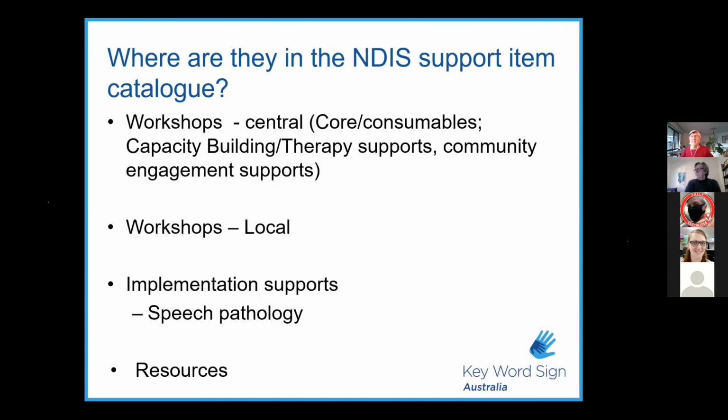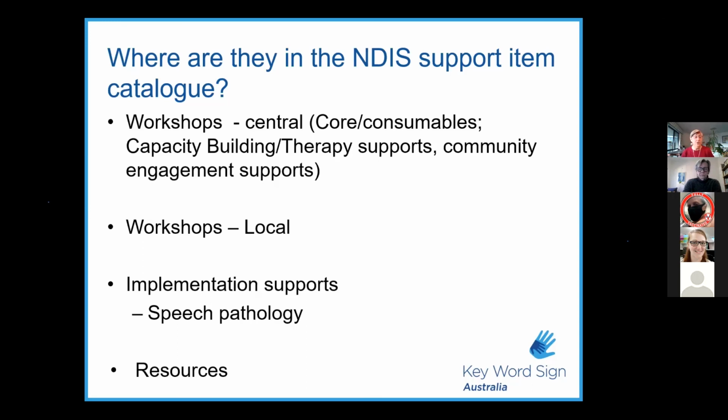Sometimes you're given a standard package, which includes a specific amount of funding, and that goes into that capacity building, improved daily living, which is really the therapy service provision. It might be useful to investigate whether you can get any other funding. I'm planning to create a document that lists the sorts of supports that you might be able to tap into and ask to be included in your plan as part of getting keyword supports in there.